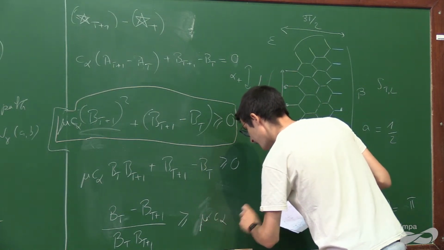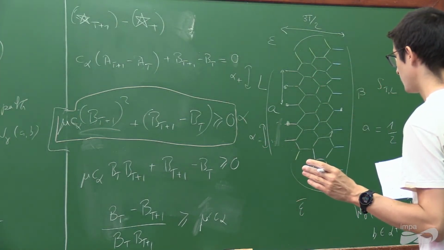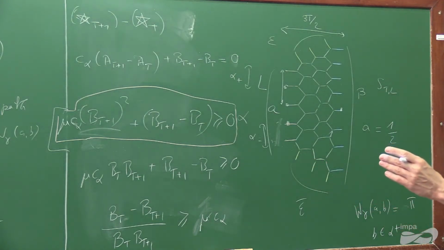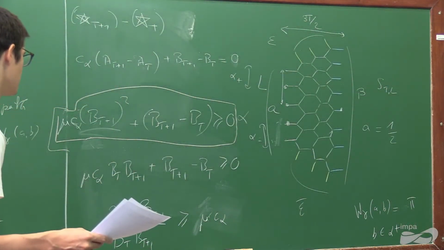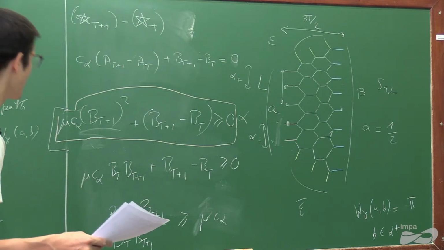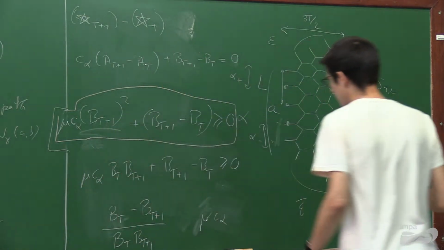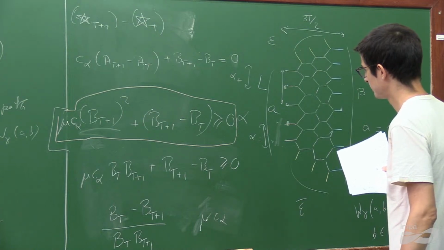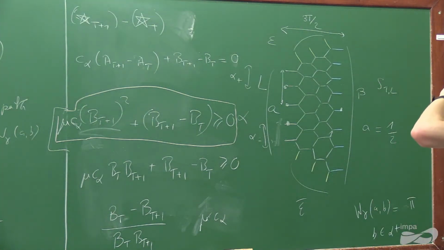Mu C alpha. And yes, okay, this is where I got it. Let's check. No, I'm just dividing by things that are positive.